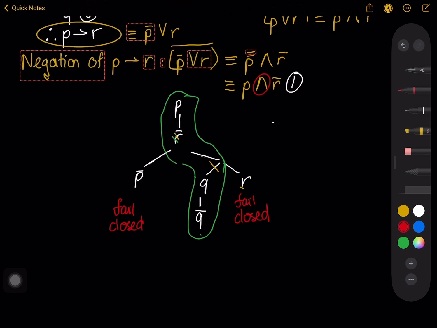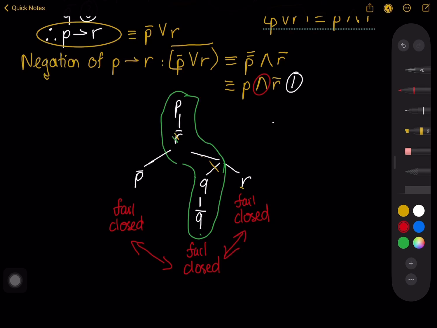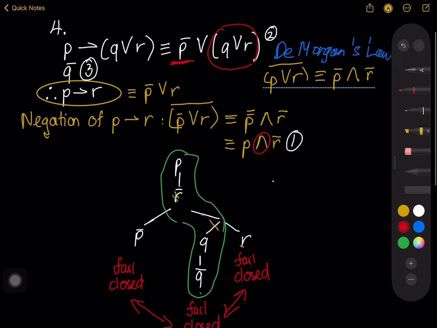We have not Q and Q. Therefore, this branch is also failed and it is closed. Okay, by this, we know that there are contradictions between our premises and the negation of the conclusion. We can jump to the conclusion that the original argument here is valid.